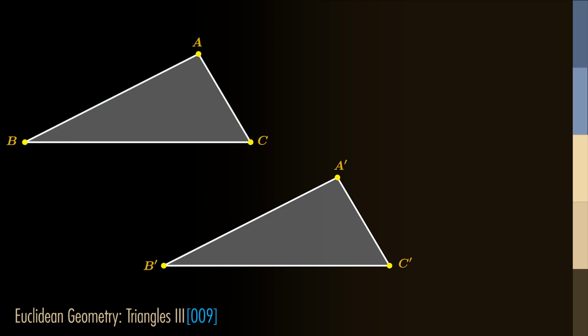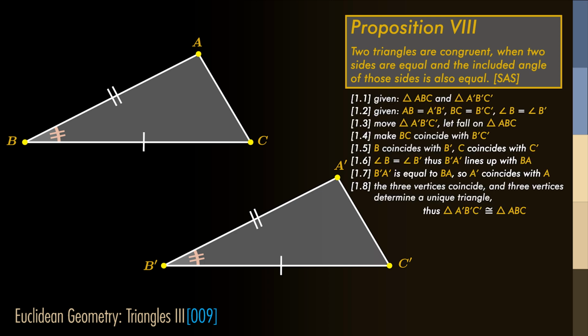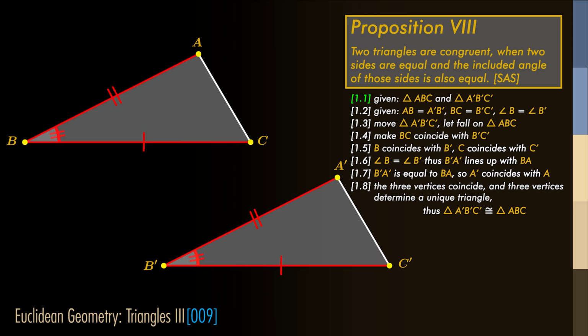A second combination that is sufficient for congruency is the following. 2 triangles are congruent when they have 2 sides and the included angle equal. We show this in a similar manner. The 2 triangles ABC and A'B'C' have AB and A'B' equal, and also BC and B'C' are equal.